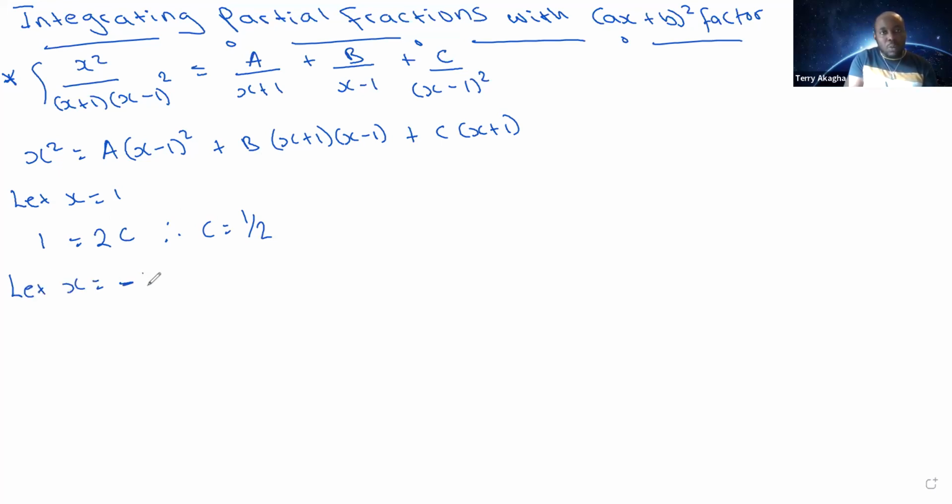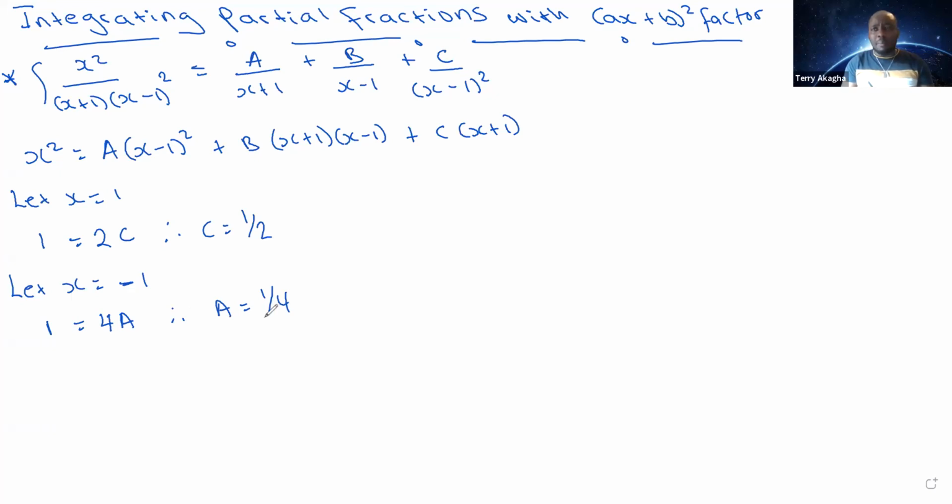Minus 1 will give you 1 here, will be equal to A times, minus 1 gives minus 2, minus 2 squared will give you 4. Okay? So therefore, our A is going to be 1 over 4.